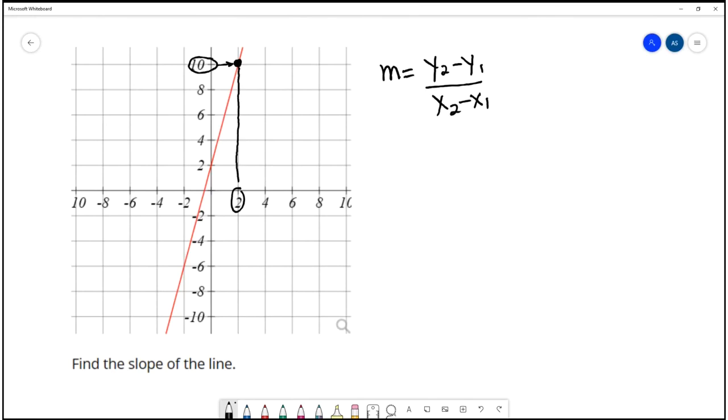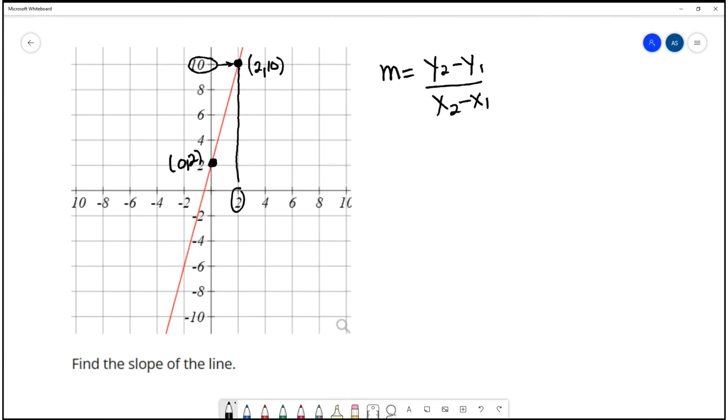You can see here is where my line is intersecting this grid. And so I know this point is exactly (2, 10). And I want a second point like that. We could use this point right here. You can see this point is exactly intersecting this grid. And we have the point (0, 2).